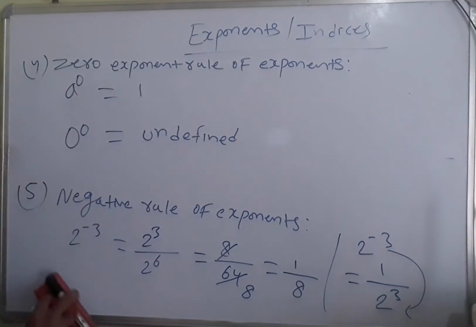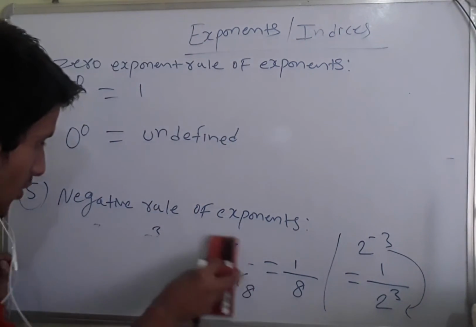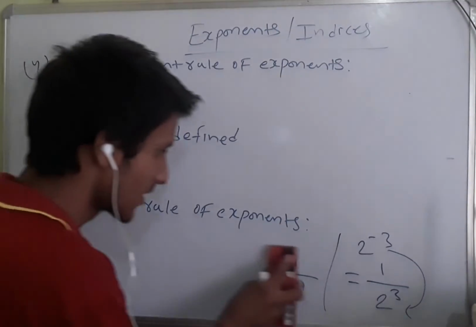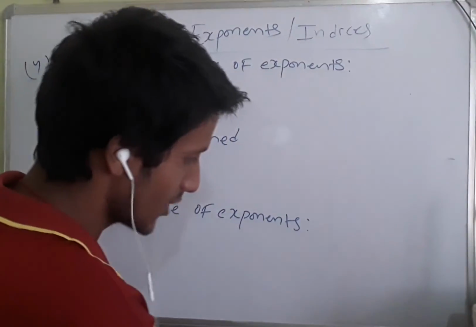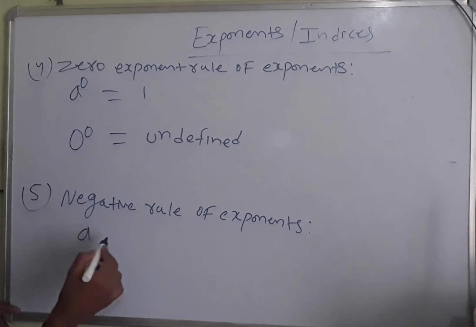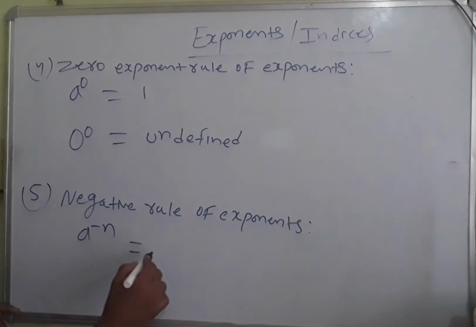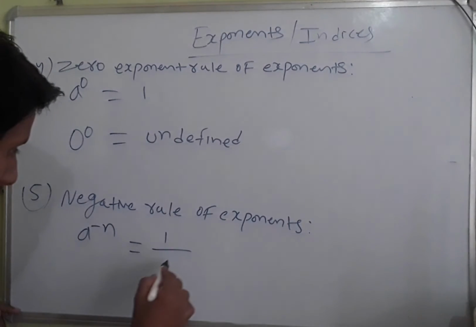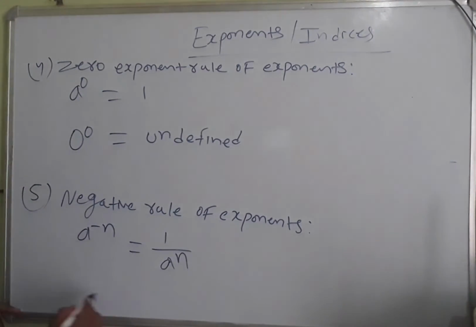This is what the negative exponent rule says, and we can write this algebraically: a to the power minus n will be 1 over a to the power n. And just like this, a to the power n will be 1 over a to the power minus n.